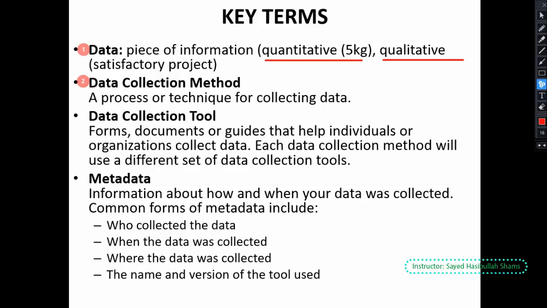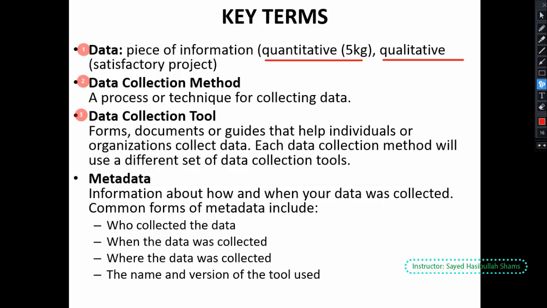Very simple. The third term is data collection tool. What is a tool? Tools are forms, documents, or guidelines that help us to collect data. These are data collection tools.